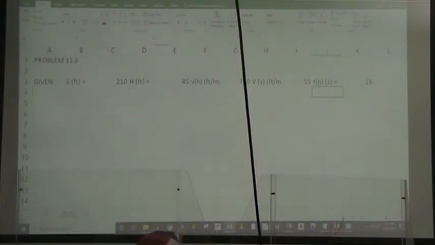Okay, so all right, so find the single command and dual command cycle times per aisle.